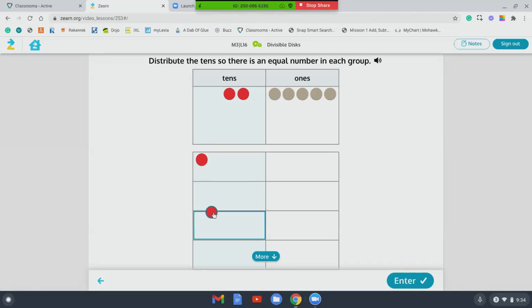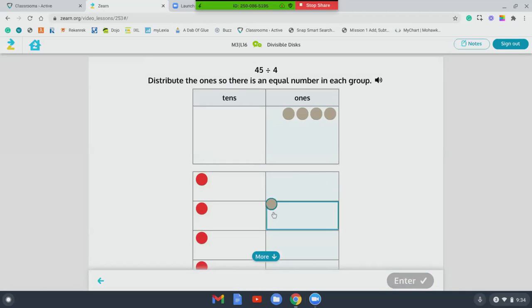Okay, so now we're going to move each one of the discs into their own group. Okay, we were able to move all of our tens. Now let's check our ones. Oh, hang on, it wants me to do tens first. Okay. Now we can do our ones. Okay, again, we are moving 5 ones into 4 groups.